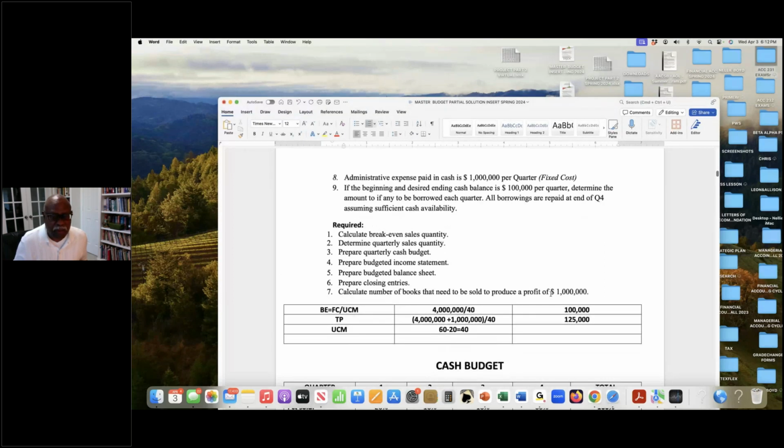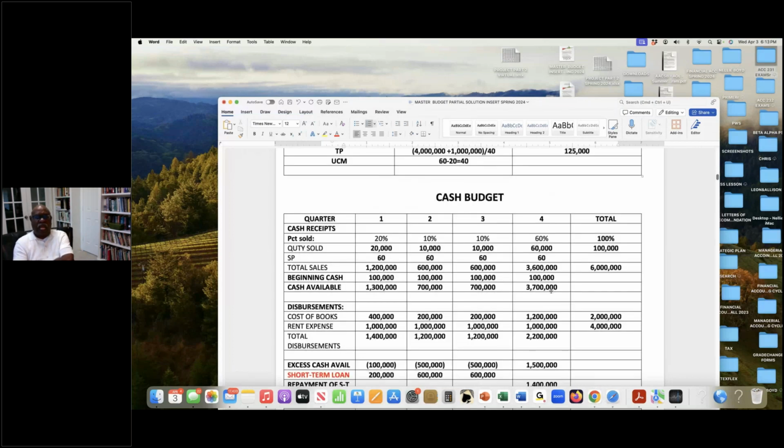So let's look at what we did. We prepared this cash budget and we put in our percentages, 20, 10, 10, and 60, to get to 100%.